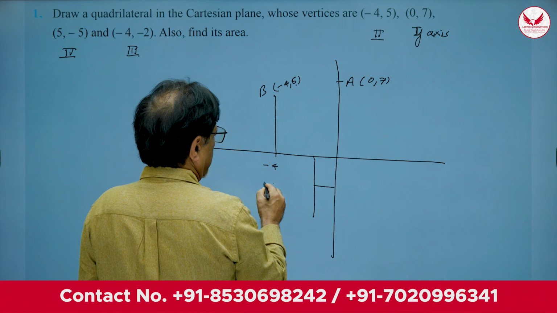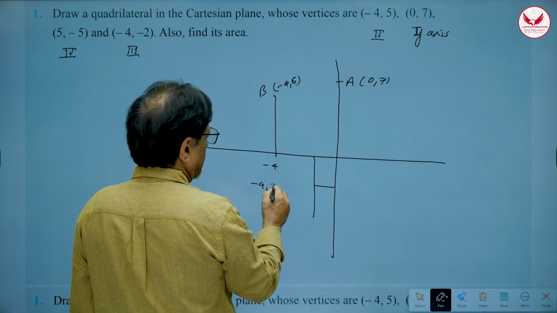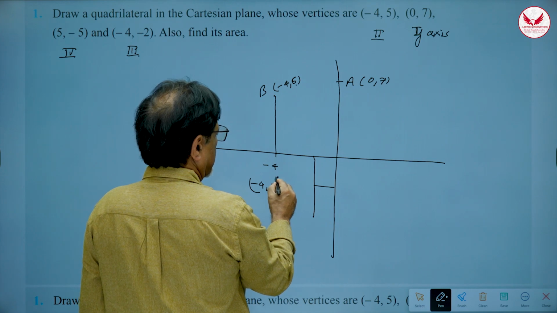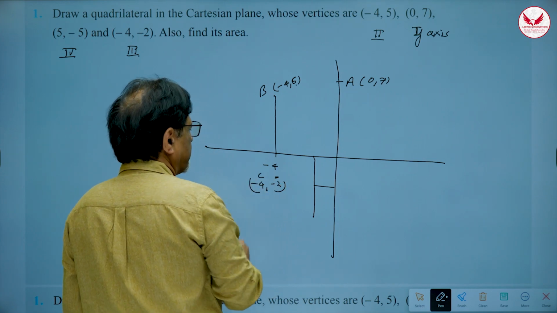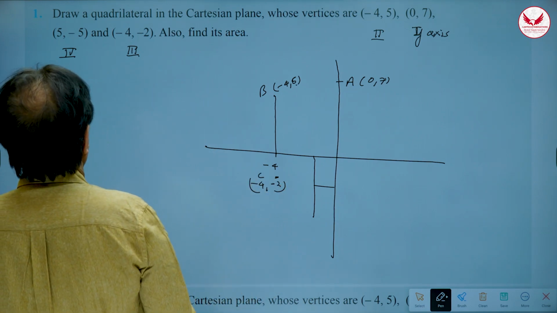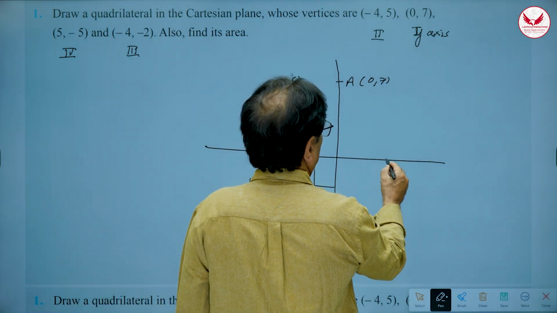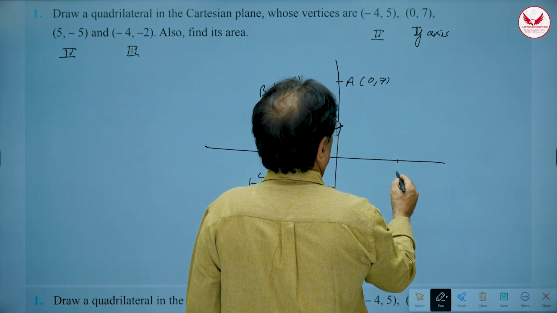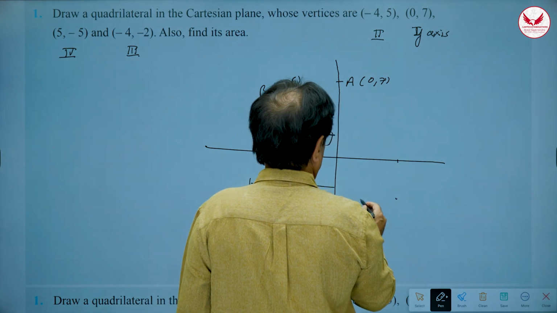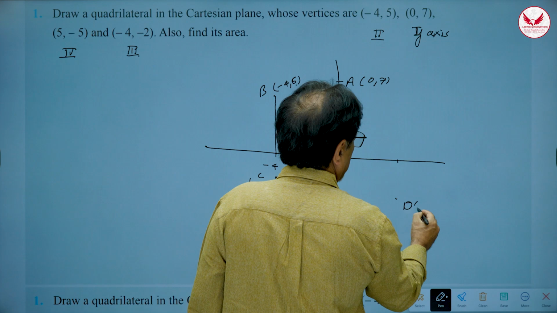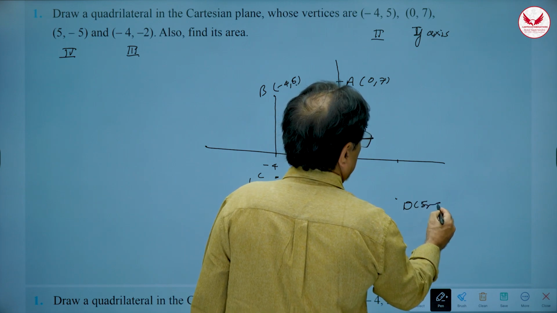So this point, let us call it C. Now, the last point is (5, -5). The x coordinate is 5, somewhere here, and the y coordinate is -5, somewhere here. So this is the point D, with coordinates (5, -5).